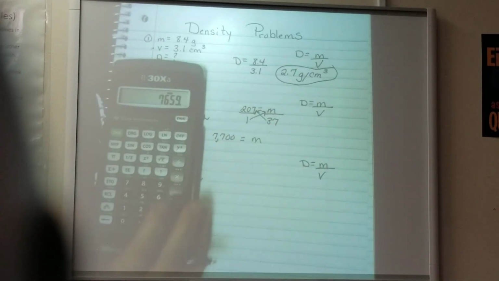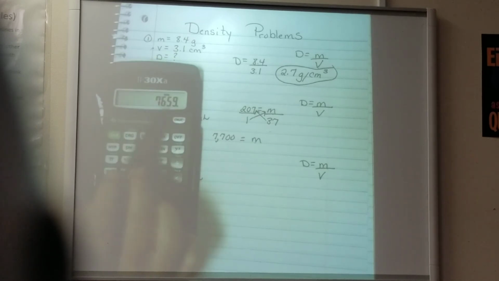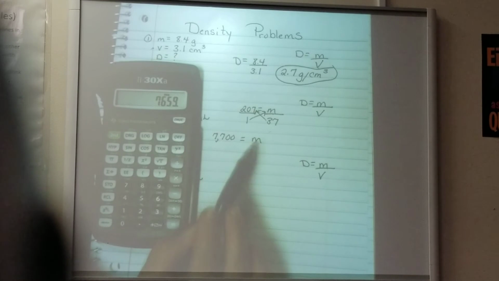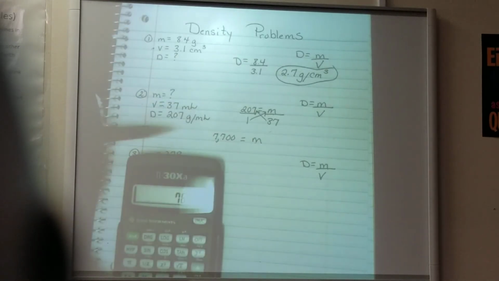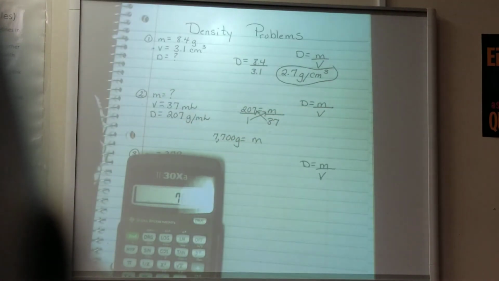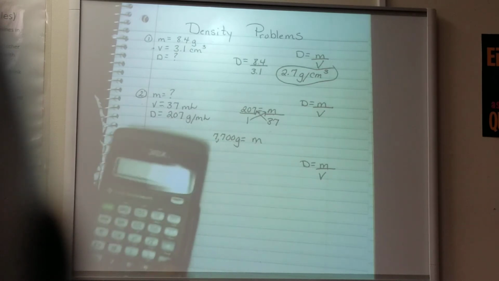Because it has to be similar to the number you have. And since it was mass, you go get your unit from here, it was grams, that was the units they were using, and you put your grams there, because you do need your units, okay?